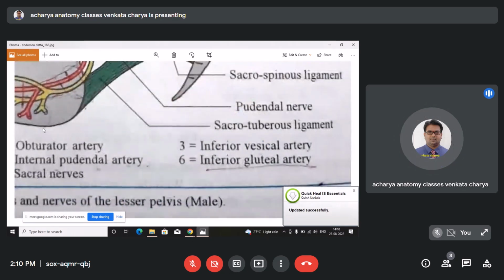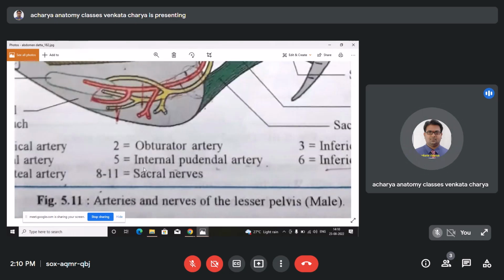Number five, inferior gluteal artery. Number six, internal pudendal artery.